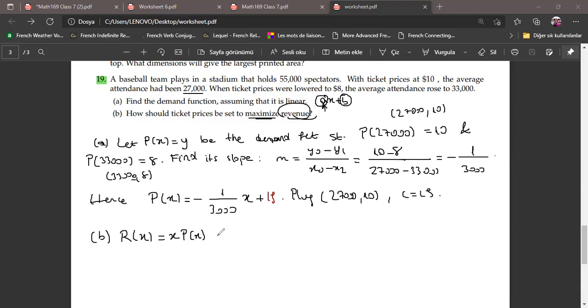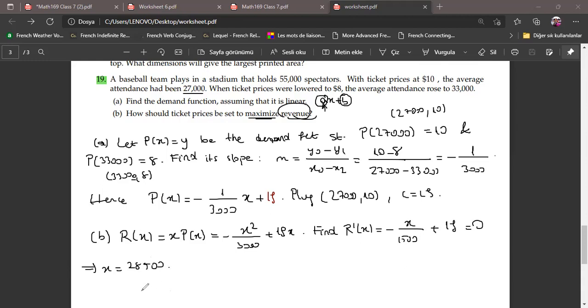So we just multiply this function by X, and we have minus X squared over this plus 19X. Now we need to maximize it. We first find the derivative, R prime of X, which is this minus X over this, and equalize it to 0 to find the root, which gives X equals this one.